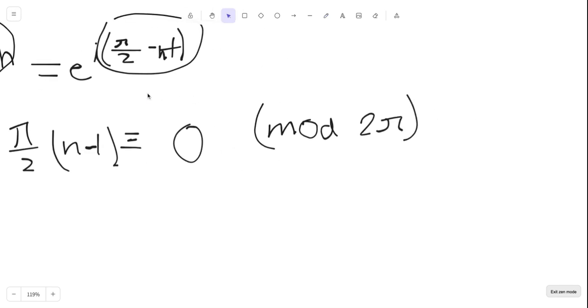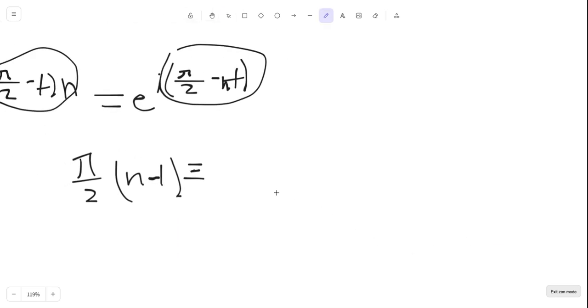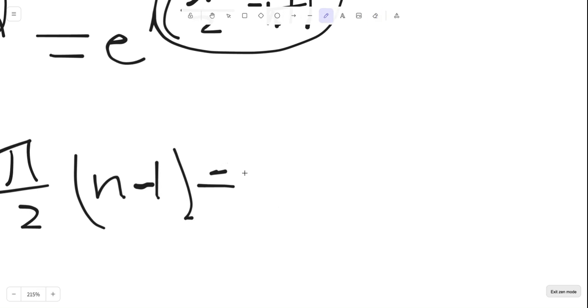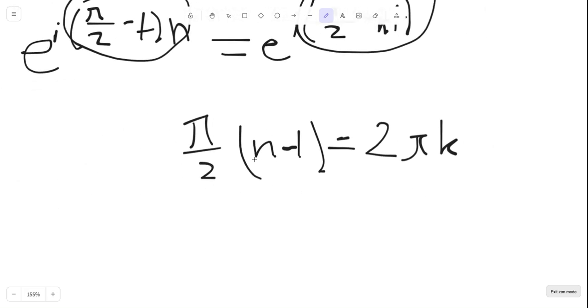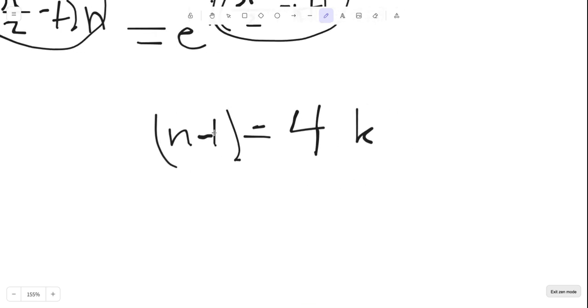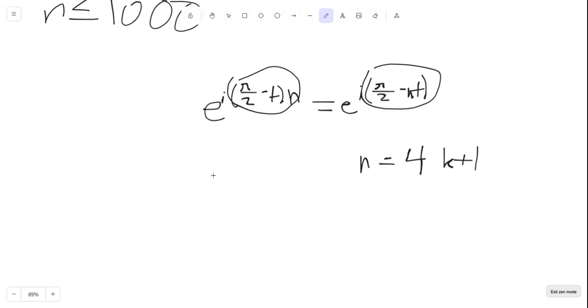What I mean is it has to be a multiple of 2 pi k for some k. Then we get 1/2 and now we get 4k, so this satisfies everything as long as n is 4k plus 1.